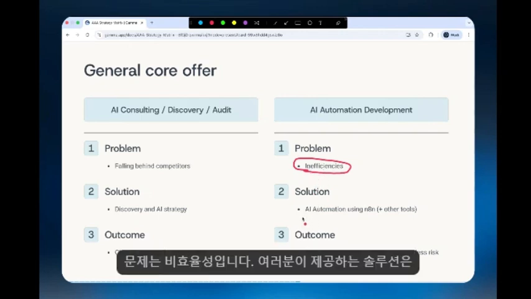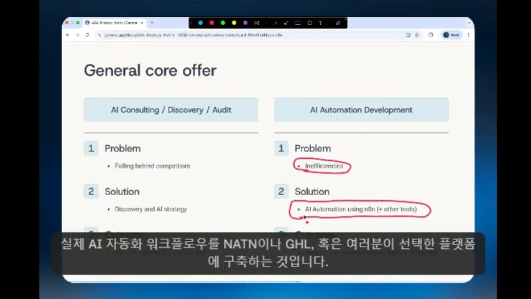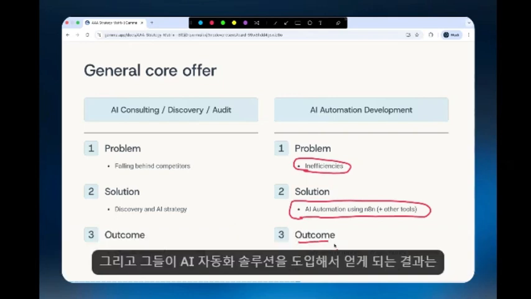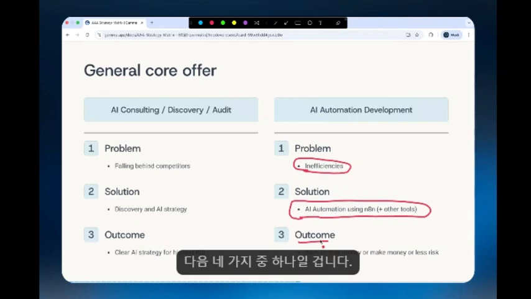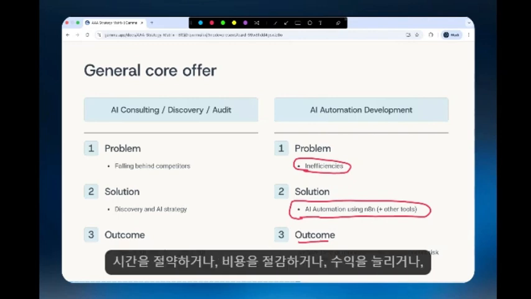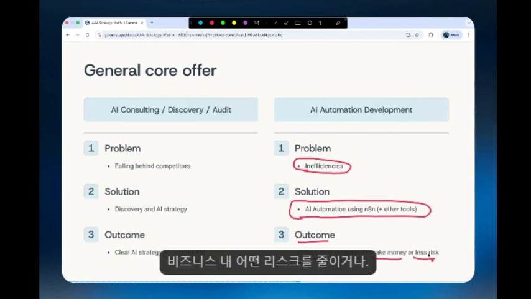The solution that you're offering is you'll build out the actual AI automation workflow on n8n or GHL or whatever platform you decide to use. And the outcome that they'll achieve from having implemented that AI automation solution inside their business would be one of these four. They'll either save time, save money, make money, or reduce some sort of risk inside their business.